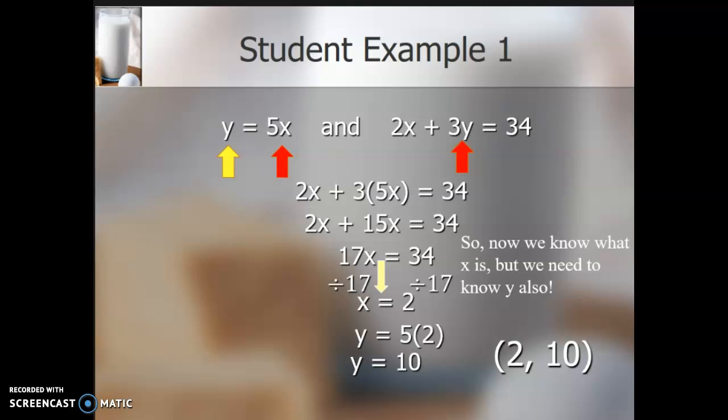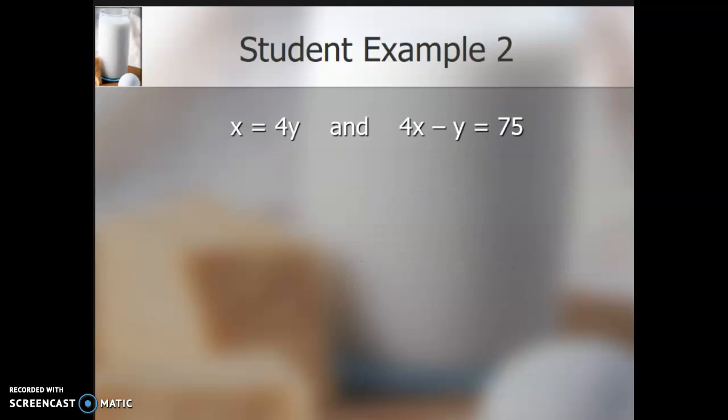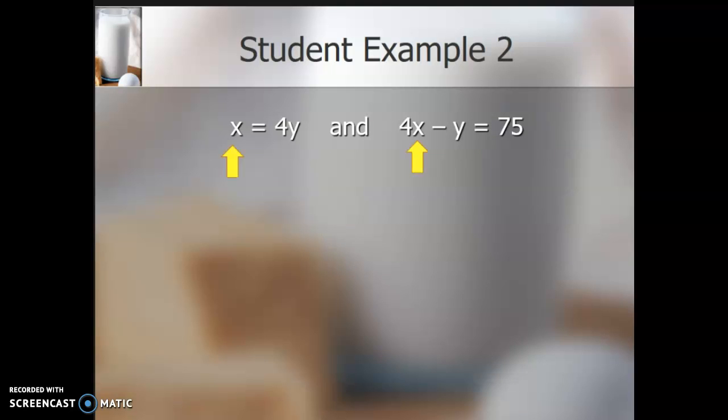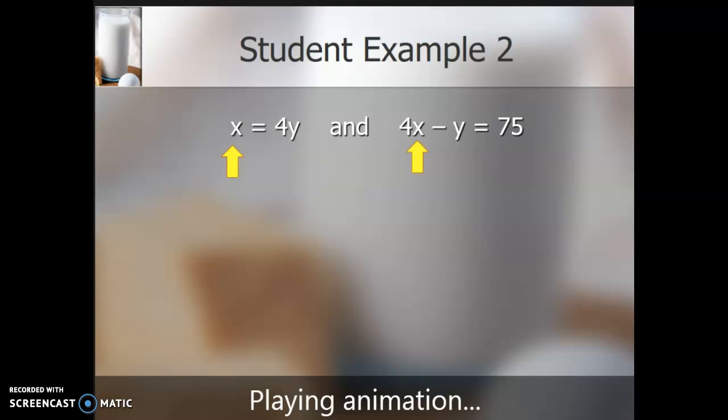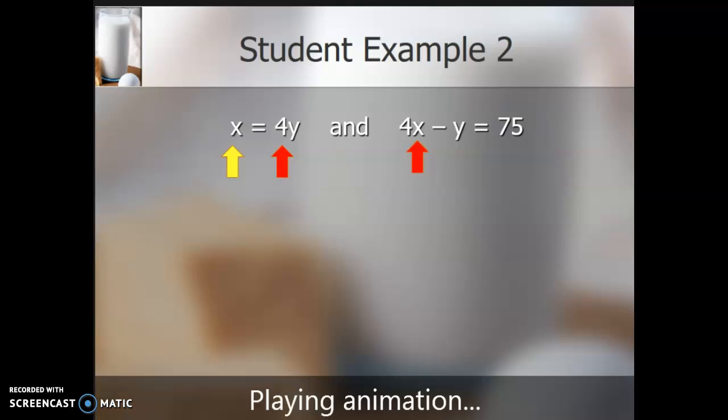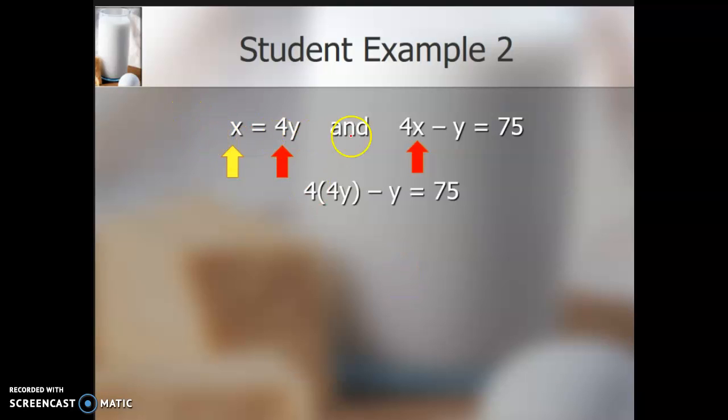Let's look at another example together. So you're taking what x is, 4y. This really only works when one of the variables is by itself. It could either be the x or the y, but you want one of the variables completely by itself and then substitute that into the other equation.